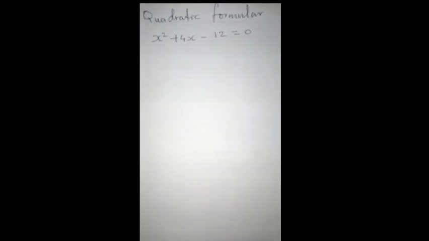This problem can be solved using the factorization method as we did last week. It can also be solved using the graphical method, the method of completing squares, as well as the quadratic formula.